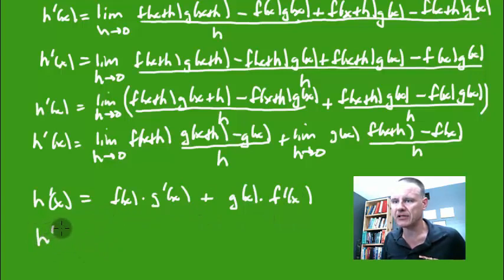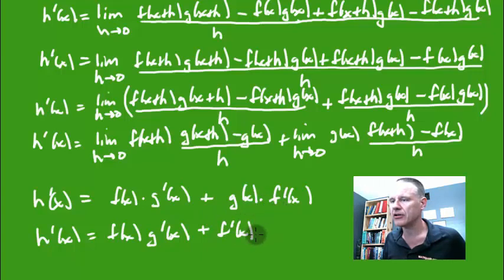And there you go, I have this relationship. Sometimes people write it like this: f of x times g prime of x, plus f prime of x times g of x.